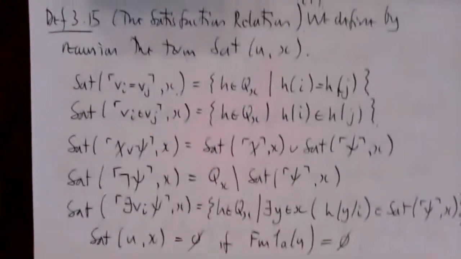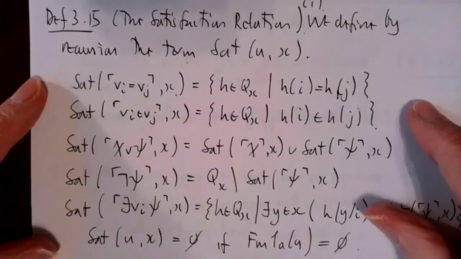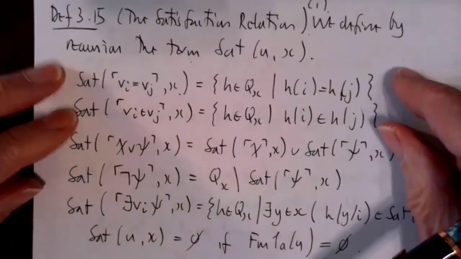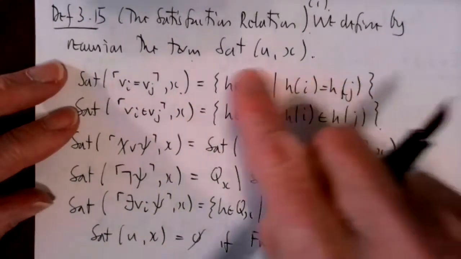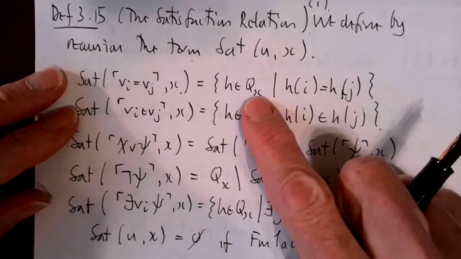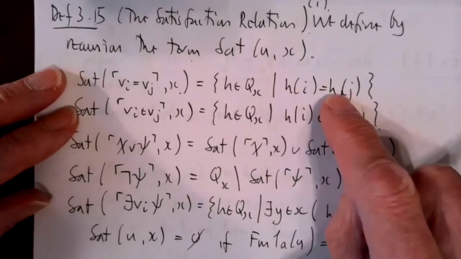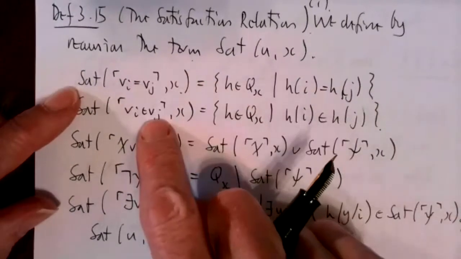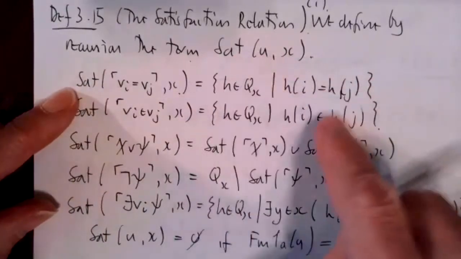Now, this is a definite recursion. Right? These are definite terms here. I just pick out what's in this definite term here with this property. So on atomics, SAT gives me these definite sets.